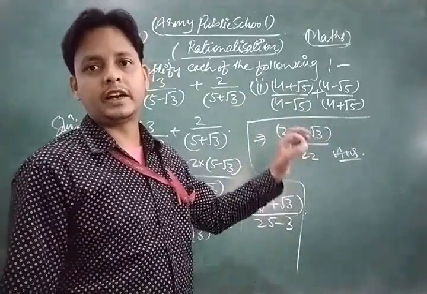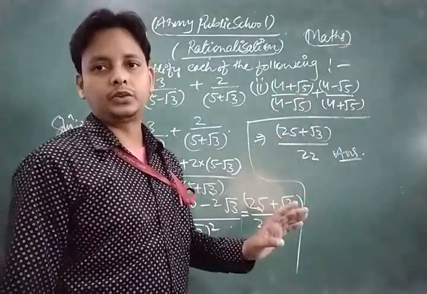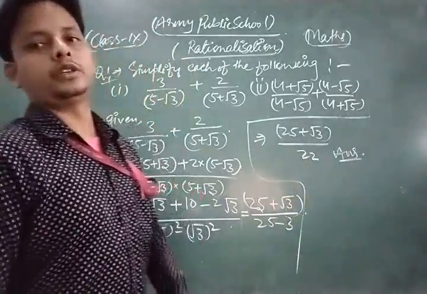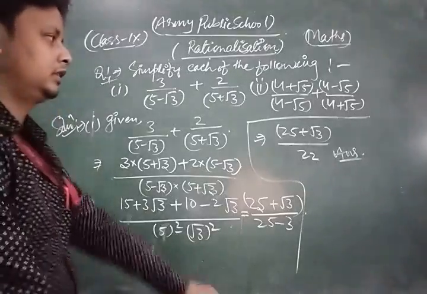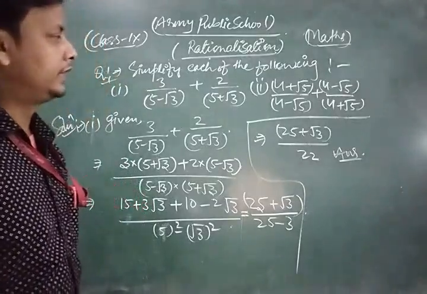So a rational and an irrational number can never be added to each other, and in the number we get only 22. So this is the required solution of the given question.